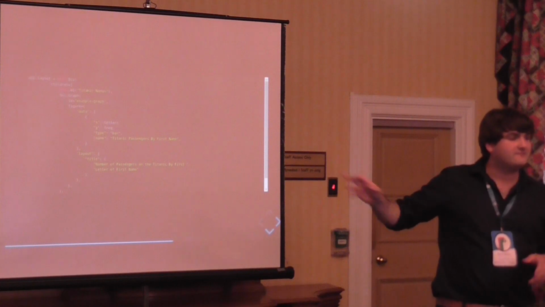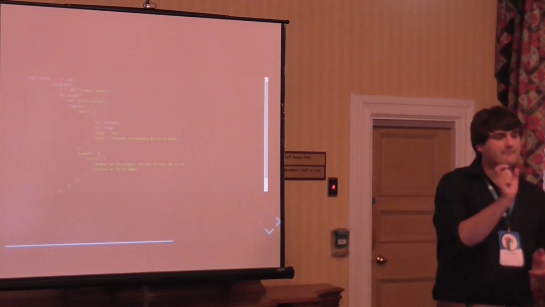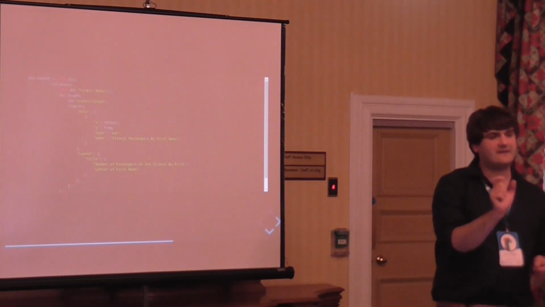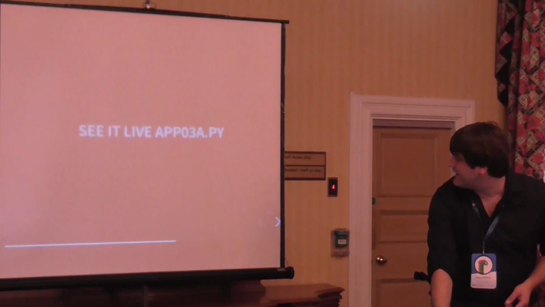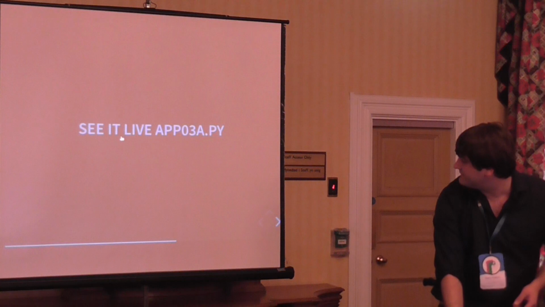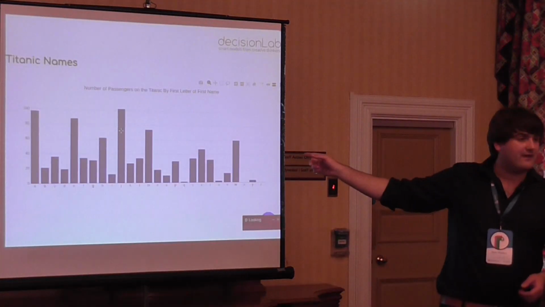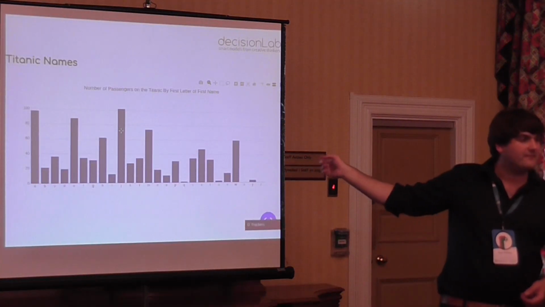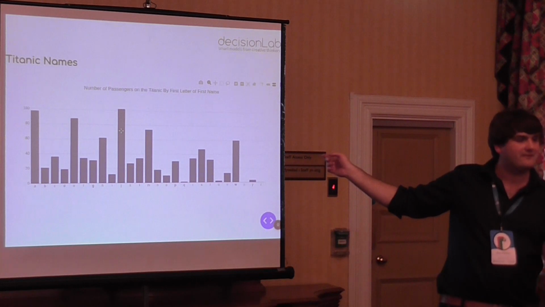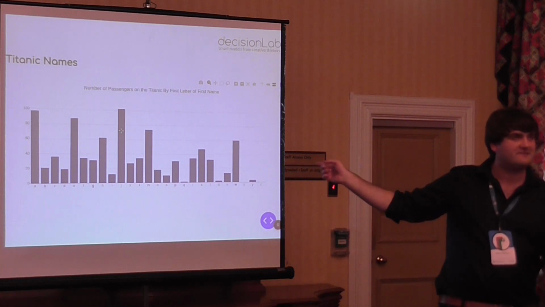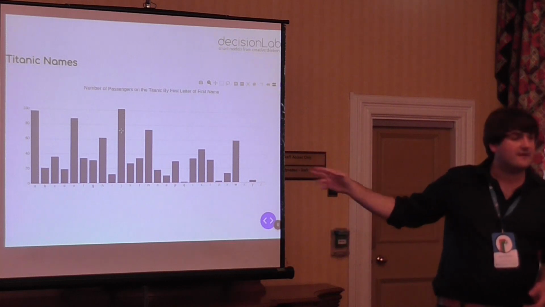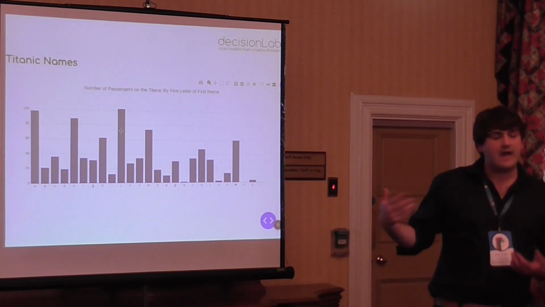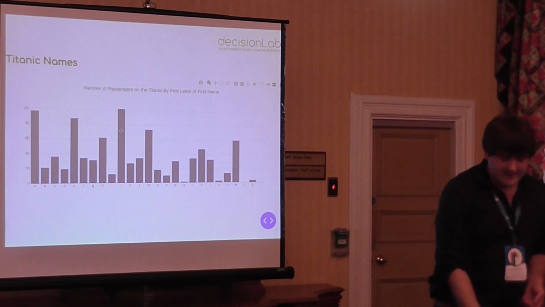And I've put some data in here, and this time I've listed the number of passengers on the Titanic by the first letter of their first name. And you can see a live example of that as well in this repository. And interestingly enough, apparently the most common letter for a Titanic passenger's name to start with was J. And so you can visualize all of that using minimal amounts of code, very simply just using Dash.